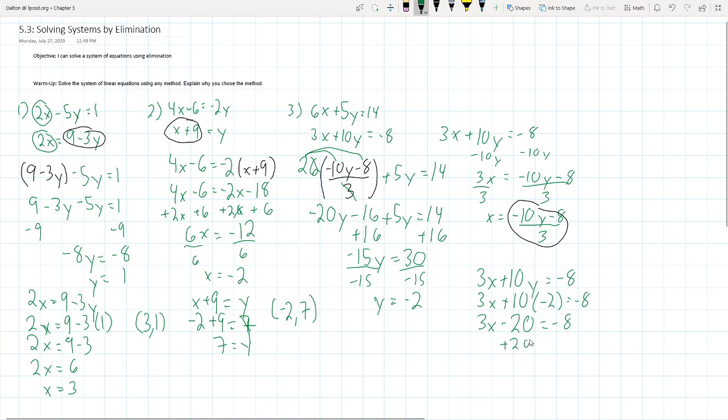I'm going to add 20 to both sides. 3x equals 12. Divide by 3. Divide by 3. x equals 4. So my answer is 4 comma negative 2. So that number 3 is the hard one, but that sums up the warm-up.